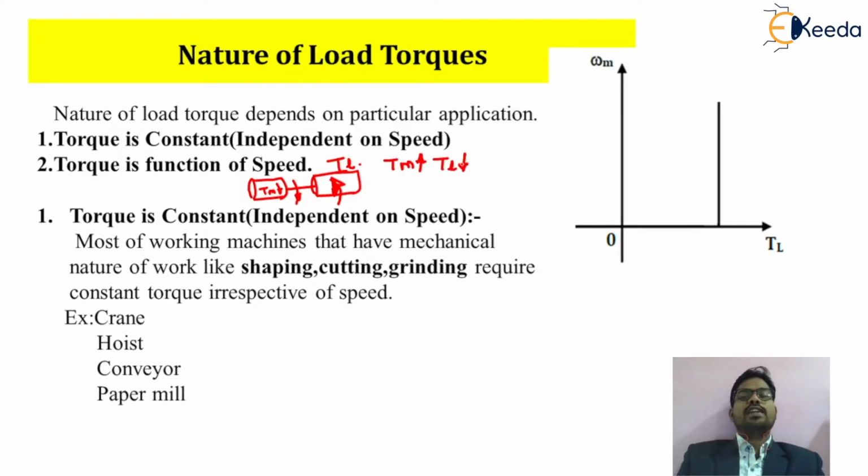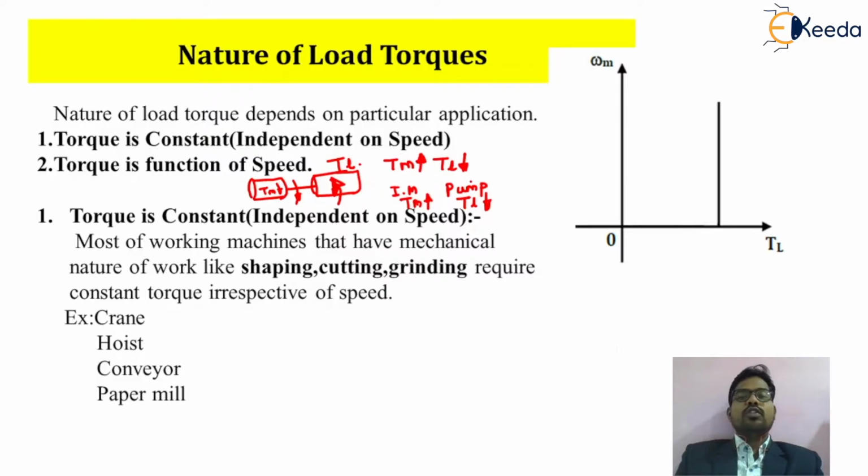Why does the load torque have this direction? Because if you want to lift a load, for example, if we are using an induction motor for a pump, then obviously the motor torque of the induction motor is in the positive direction, so the load torque is in the negative direction. So these two torques are opposite to each other.